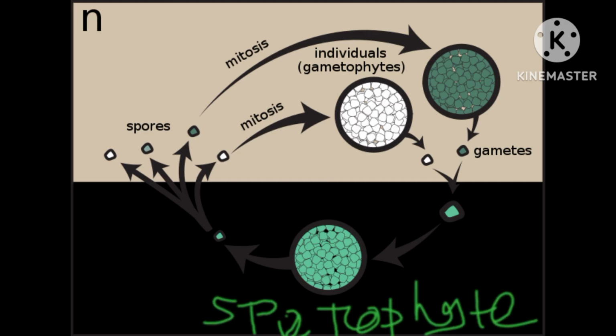So this is the diagram of the life cycle of pteridophytes. First the sporophytic plant is present.